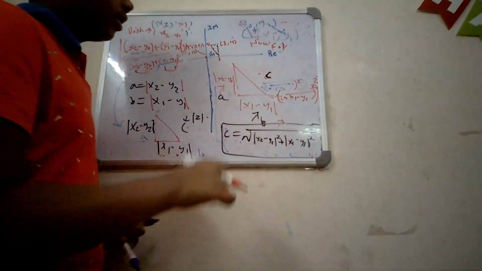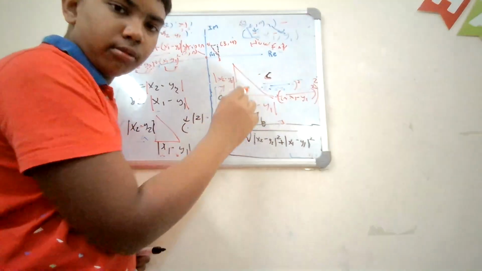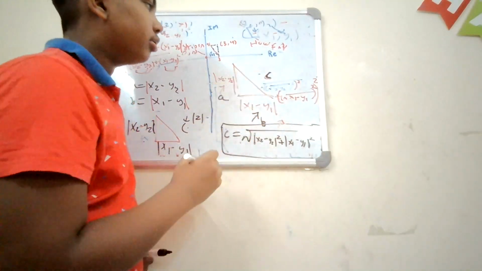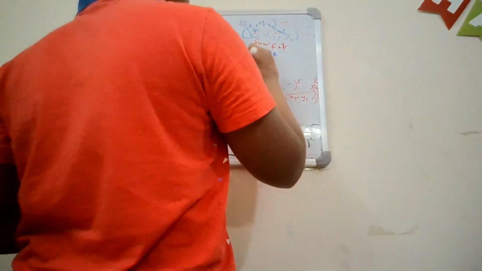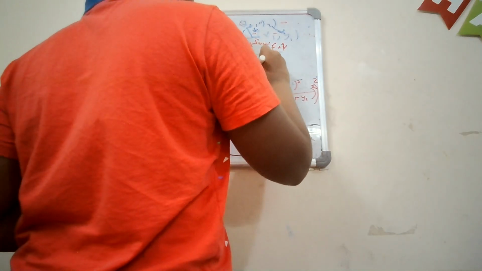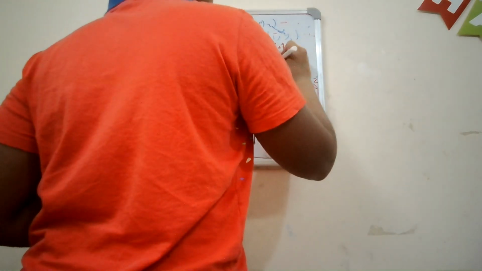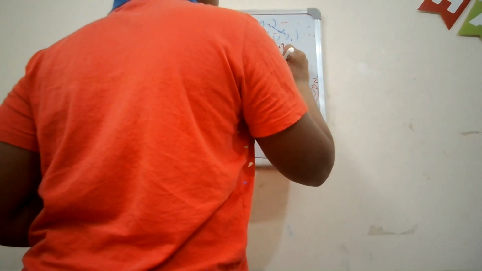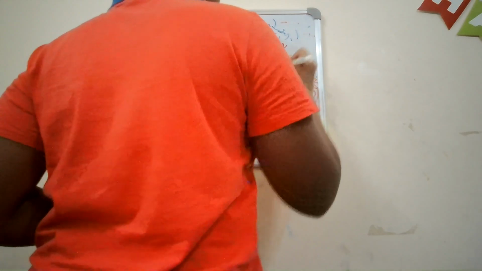So what we're doing is, let me just write it simpler here. C is equal to the square root of x2 minus y2 raised to the power 4 plus the square root of x1 minus y1 raised to the power 4.